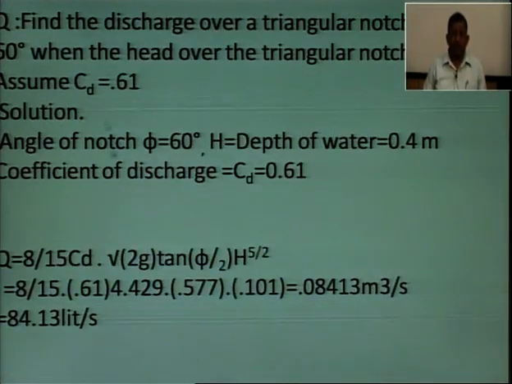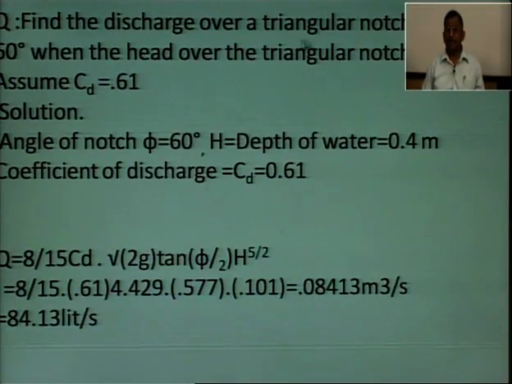Now, there is a small question. Find the discharge of a triangular notch having the angle theta of 60 degrees when the head over the triangular notch is 0.4 meter and the coefficient of discharge is 0.61. We take the solution: angle of notch theta, height which is given, and the coefficient of discharge.